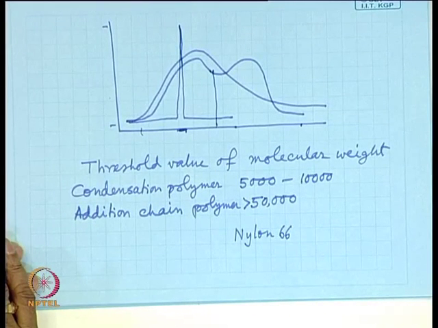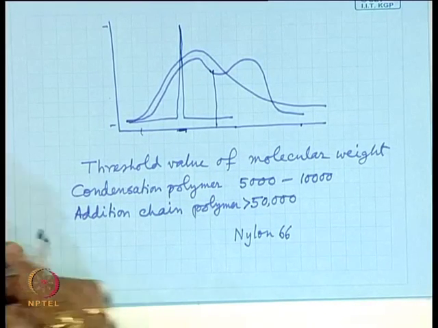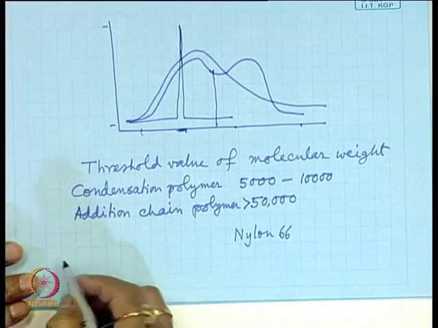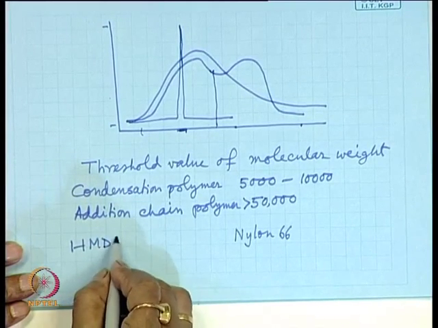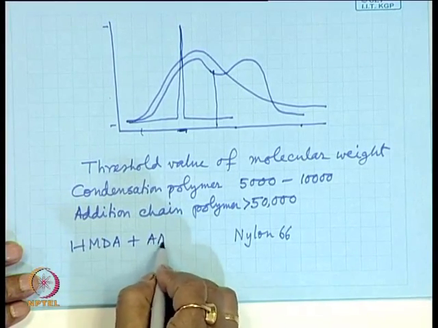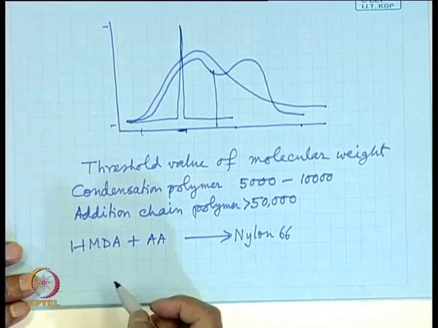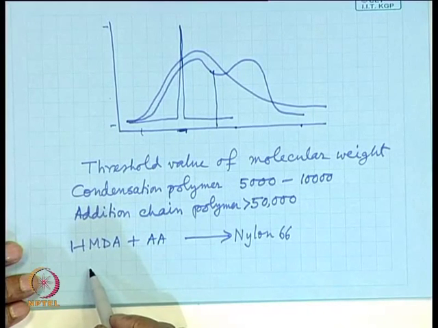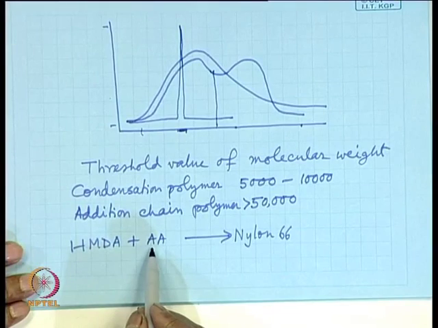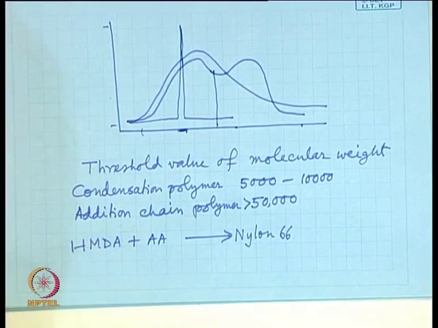Nylon 66 is made from HMDA and adipic acid. Initially, for nylon synthesis, what is done? A nylon salt is made. When these two are dissolved in a solvent and the two solutions are mixed, immediately it will form a salt, and that will precipitate out.